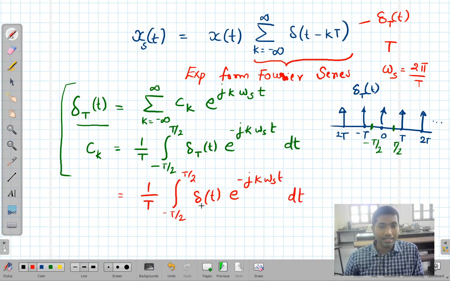Okay, now what is this integral? The integral from minus T by 2 to T by 2 of δ(t) e raised to minus j k ω_s t: you put t equal to 0, so the exponential becomes 1. And the integral of δ(t) from minus T by 2 to T by 2 turns out to be 1.